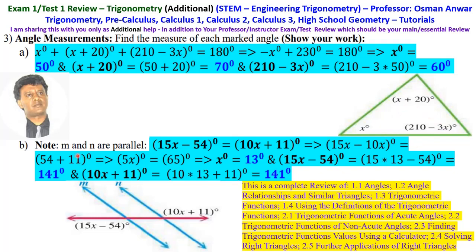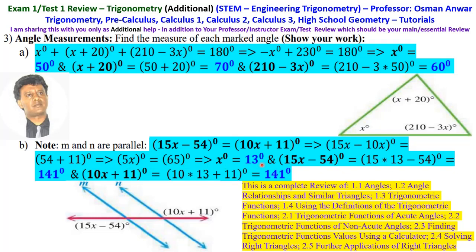D is you have two lines, M and N, that are parallel. Then you have angle 15x minus 54, and you have angle 10x plus 11, and these two angles are equal. That means 15x minus 10x is equal to 54 plus 11. That is 5x is equal to 65.